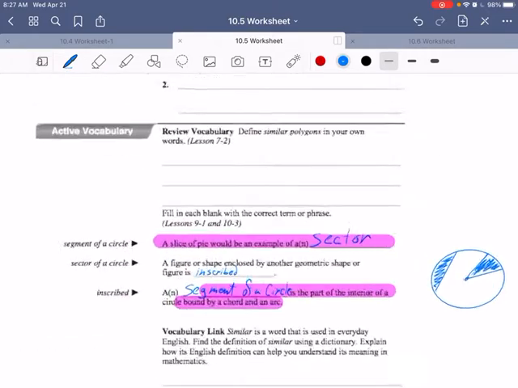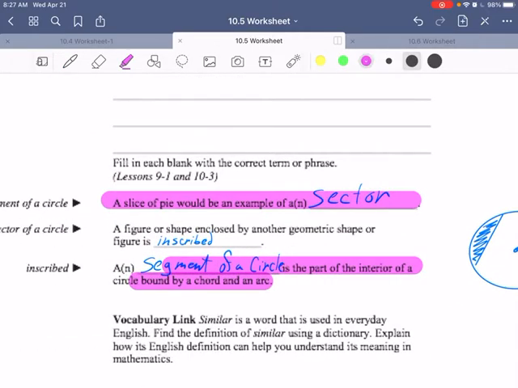Then, lastly, we've got a figure or shape enclosed by another geometric shape. A figure is inscribed whenever it's enclosed by another geometric shape or figure.